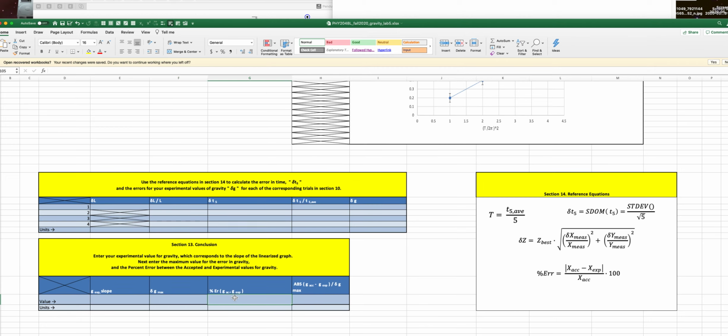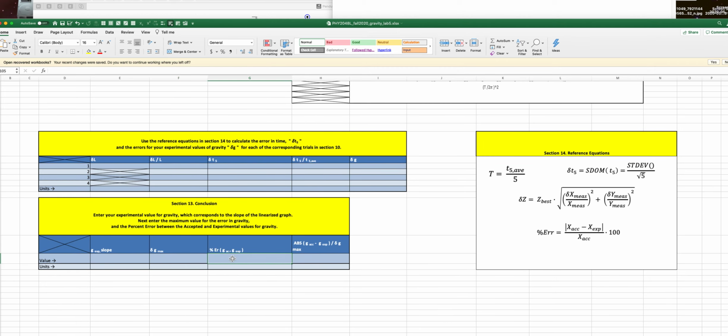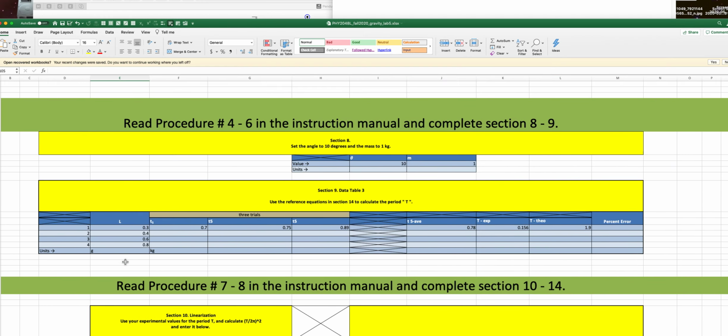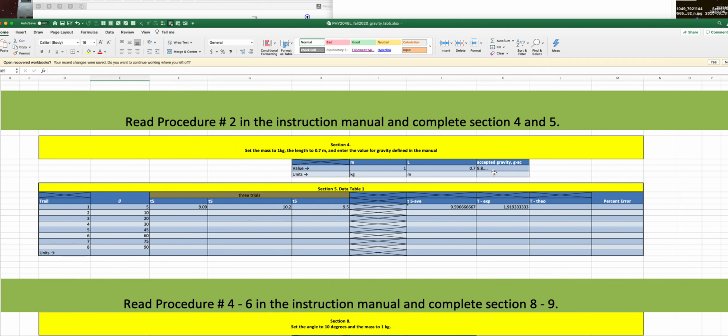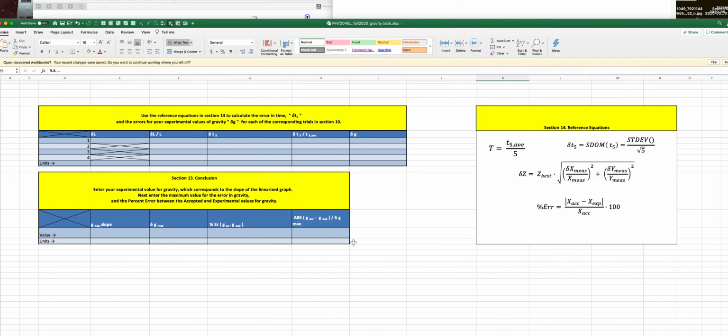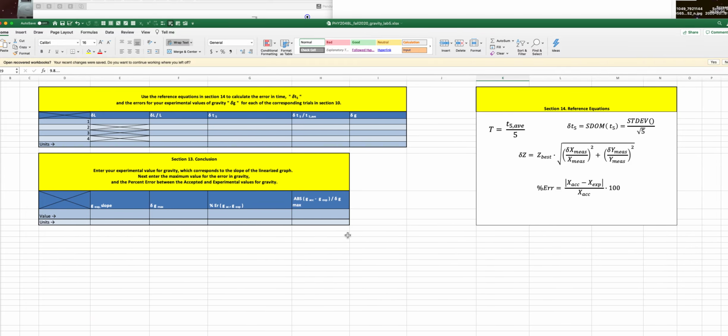And then this last part is going to be just a percent difference between your experimental slope and your accepted value for gravity, which was defined up over here. And there's one formula that I just use for my own purposes. It's just going to be the difference between the accepted and the experimental value for g divided by the error of gravity. And you're going to enter that number here.